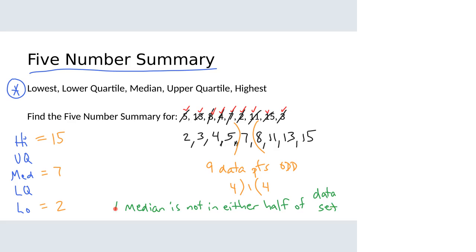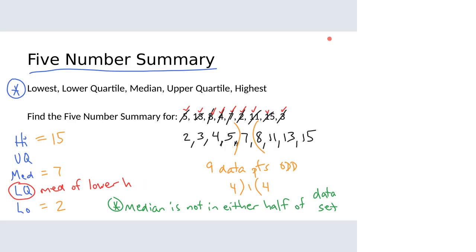The reason that this is really important for us is when I go to find the lower quartile, what I'm looking for is the median of the lower half of the data set. That's what I'm looking for, the median of the lower half of the data set. It's important to note the lower half of the data set is just this part right here. It does not include the 7.